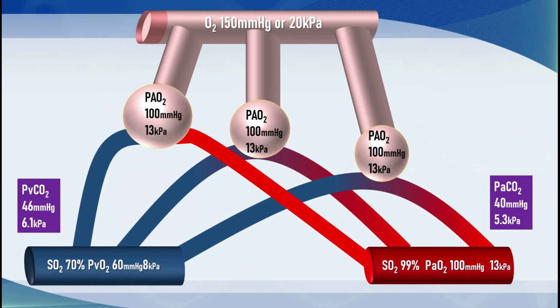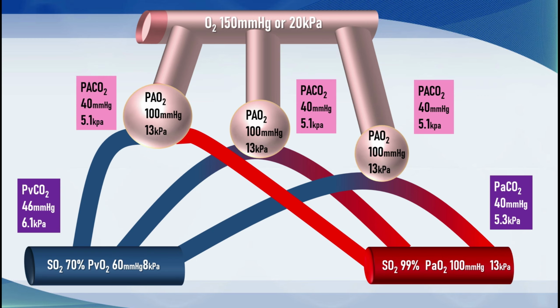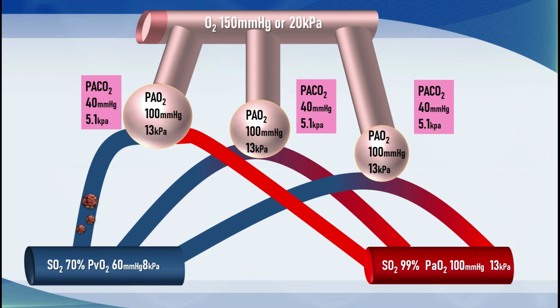This is a cartoon of normal ventilation perfusion relationships. Each of these lung units is well perfused. Consequently, the end expiratory PCO2, the end-tidal CO2, is 38 millimeters of mercury, or 5 kilopascals. If blood clots travel from the legs or pelvis into the right side of the heart, they are propelled into the pulmonary arterial circulation.